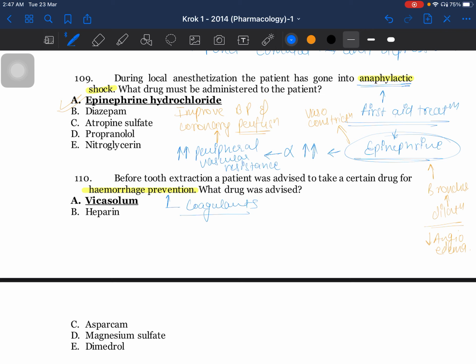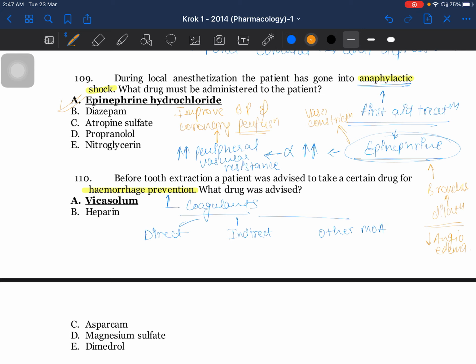Okay. And these coagulants are basically divided into three main groups. We have direct acting, we have indirect acting, and we also have drugs which have other mechanisms of action.